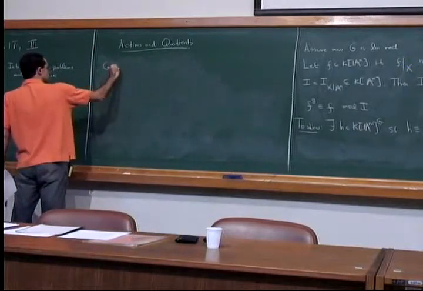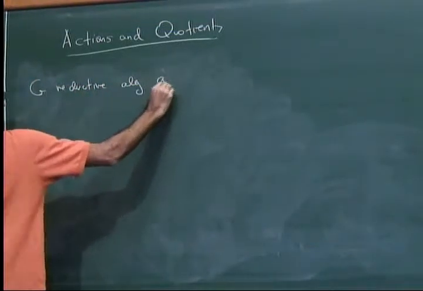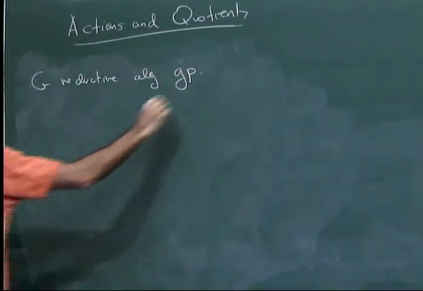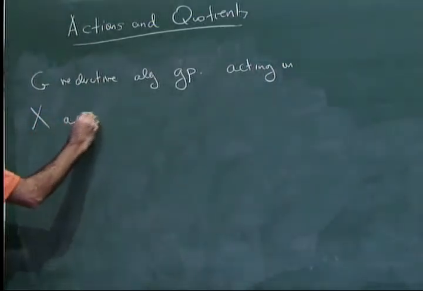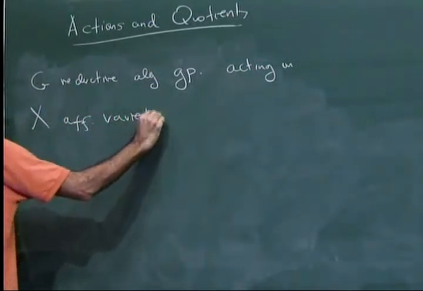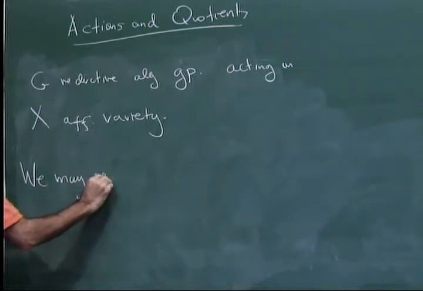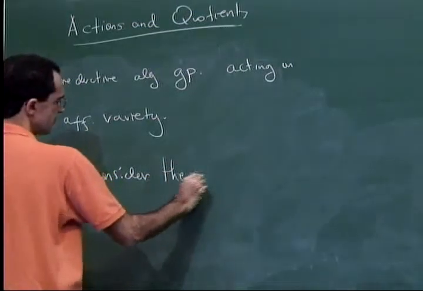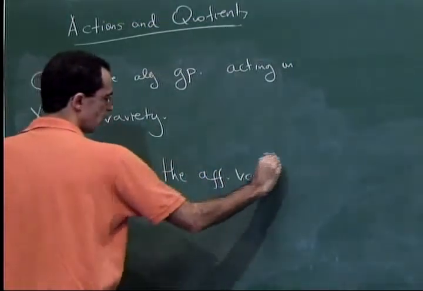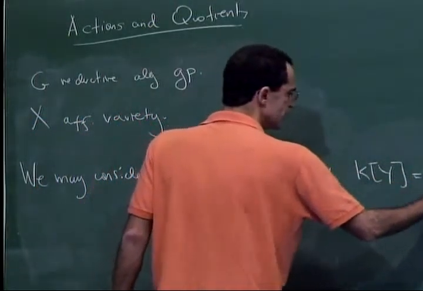So if you have now a reductive group G acting on X, an affine variety, it's very tempting to consider the affine variety Y such that the ring of functions is this finitely generated K algebra.